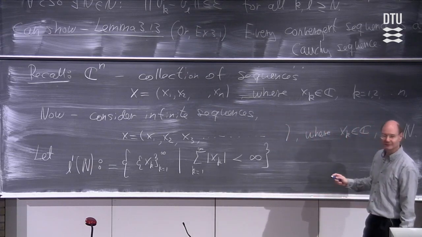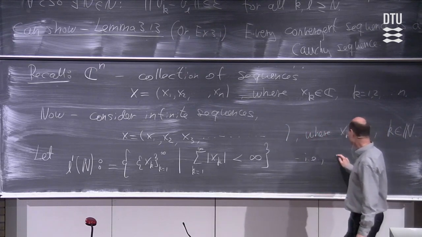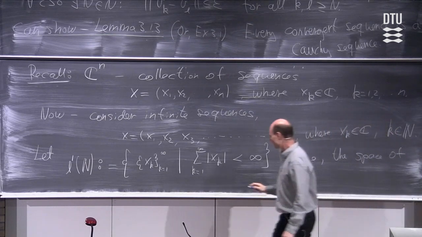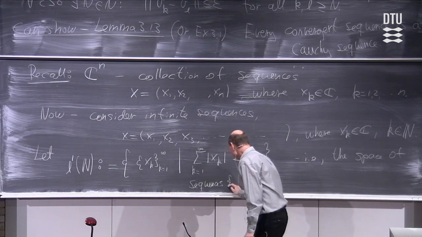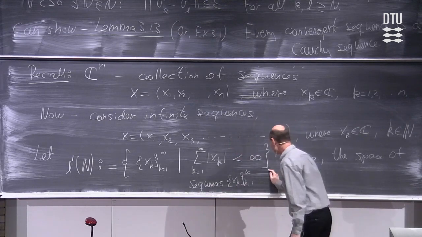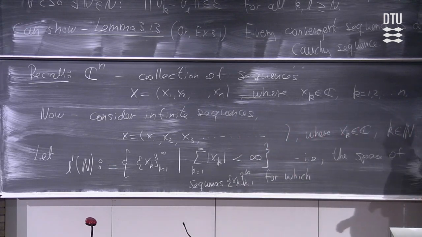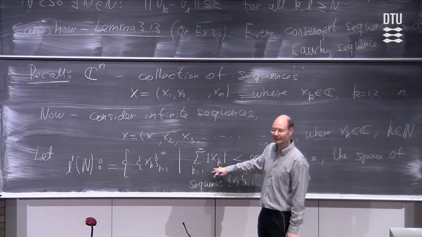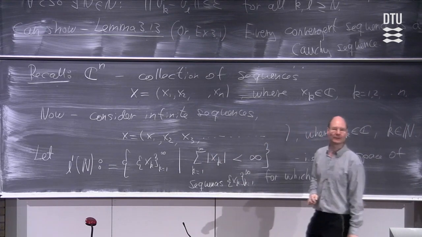So what we are defining here is simply the space of sequences xk, k going from 1 to infinity, for which, and now we can use a word that most of you heard in Mathematics 2, this is exactly the condition that your infinite series, the sum of xk, is absolutely convergent.